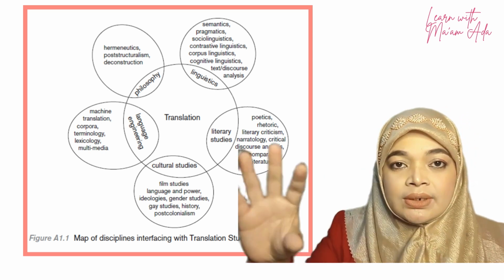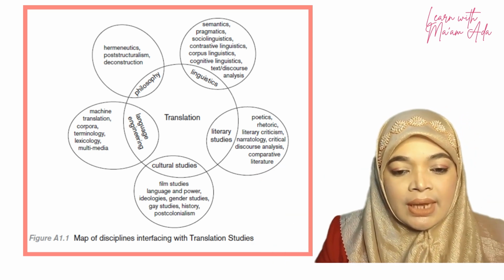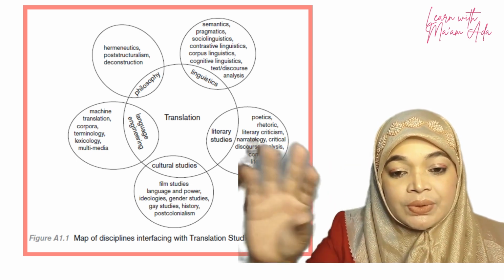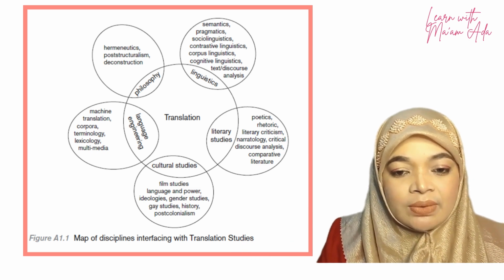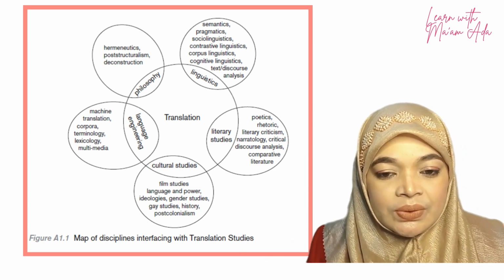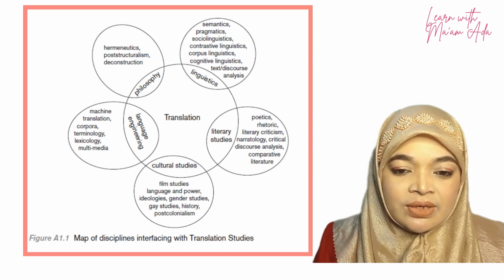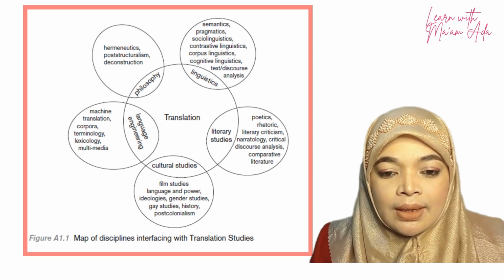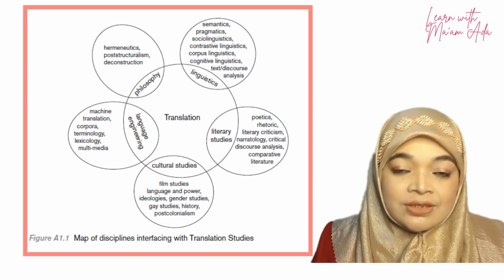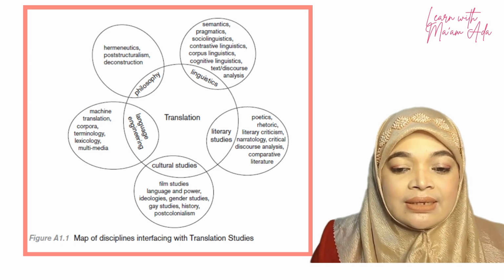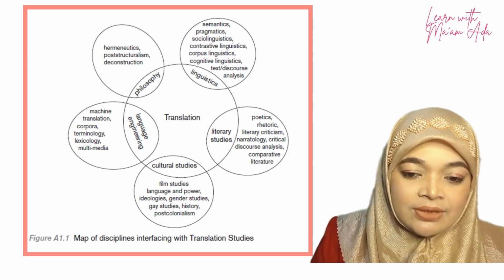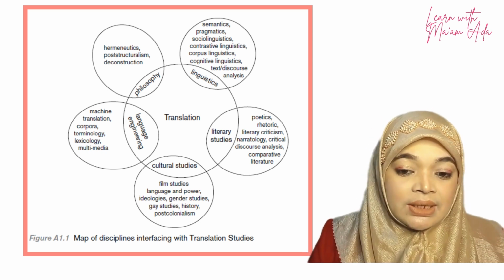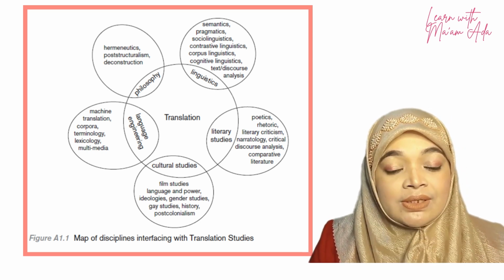Then later on, from those fields, it further rooted deeper. Under linguistics, it further rooted into semantics, pragmatics, social linguistics, contrastive linguistics, corpus linguistics, cognitive linguistics, text and discourse analysis. Under literary studies, it touched poetics, rhetoric, literary criticism, narratology, critical discourse analysis, comparative literature.